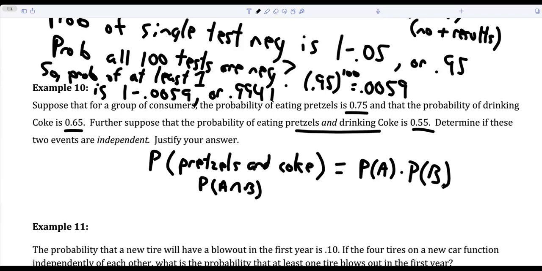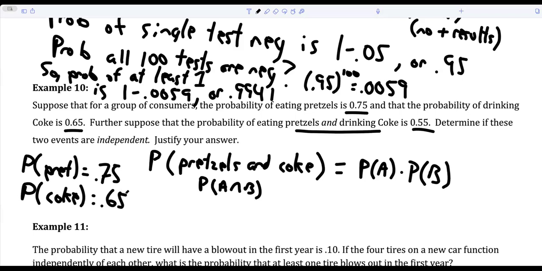So here's a simple check for independence. The probability that they eat pretzels is 0.75. Probability that they drink Coke is 0.65. And the probability of both, the intersection, is 0.55.